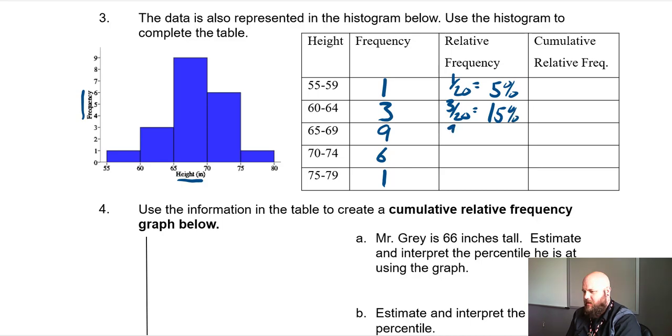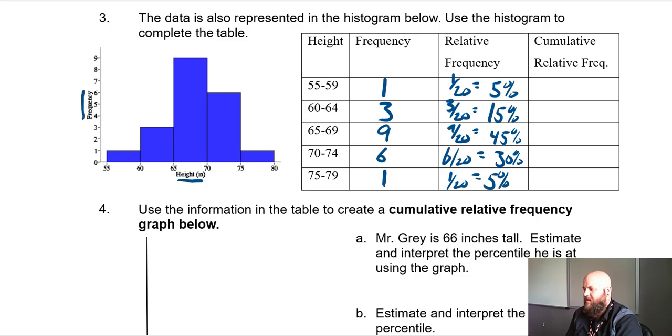If we take 9 over 20, that should give us 45%. If we take 6 over 20, that should give us 30%. And again, we had 1 over 20, which gives us 5%.